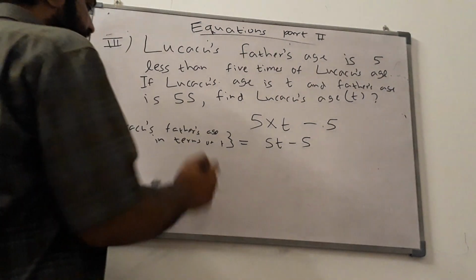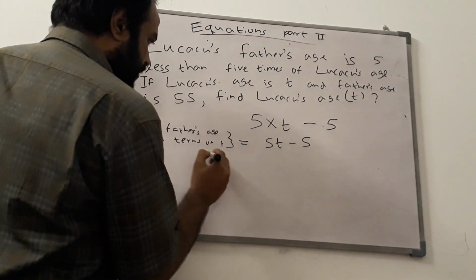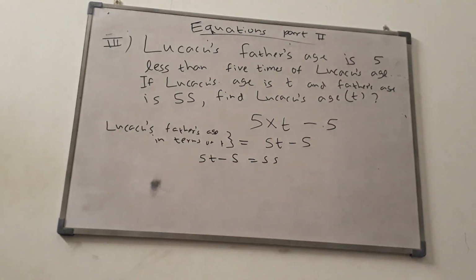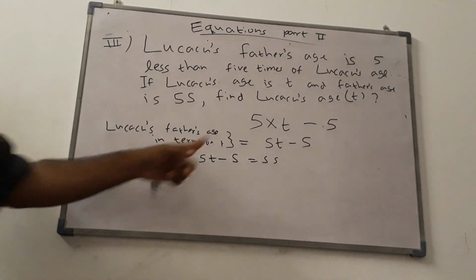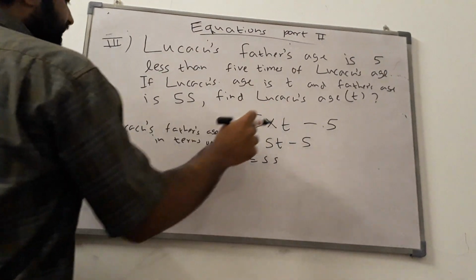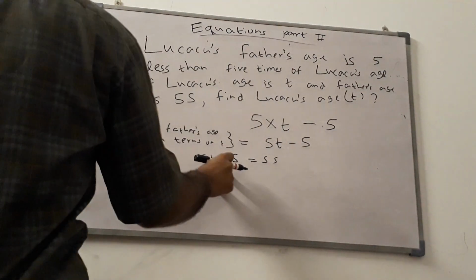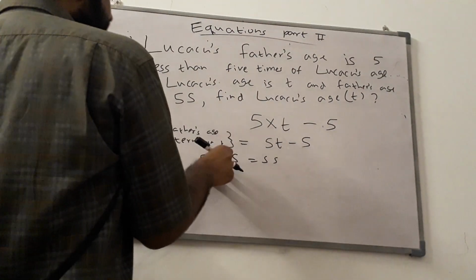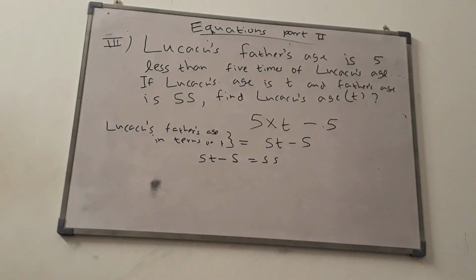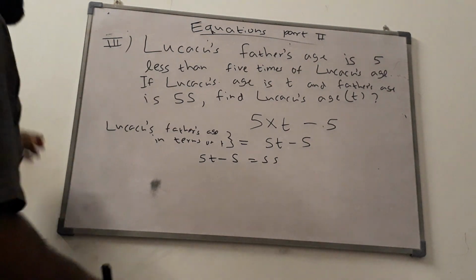So we can say 5T minus 5 is 55. 5T minus 5 means Lukaku's father's age in terms of T, and 55 is given in figures. Okay, father's age is 55, that is why.